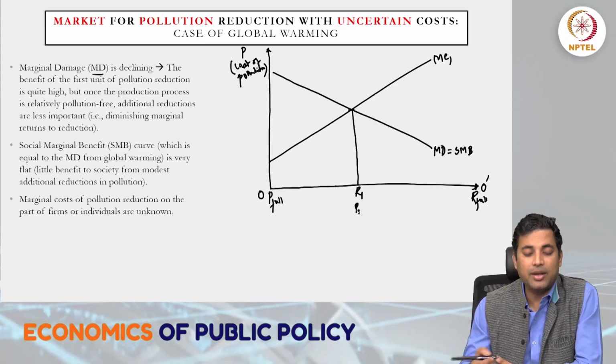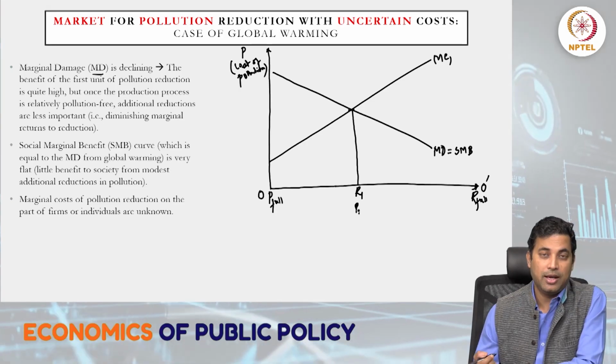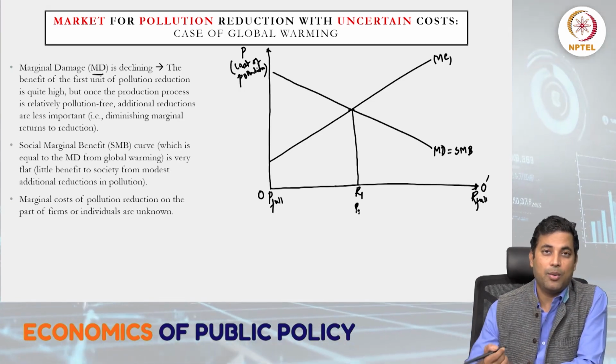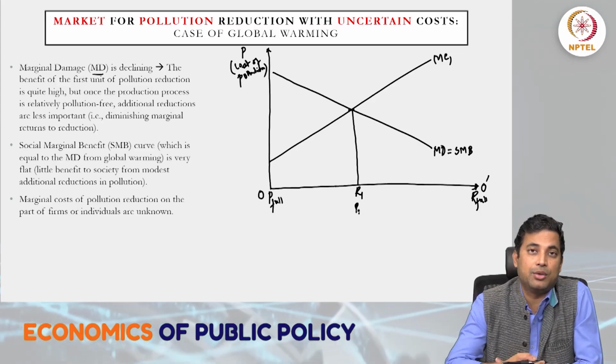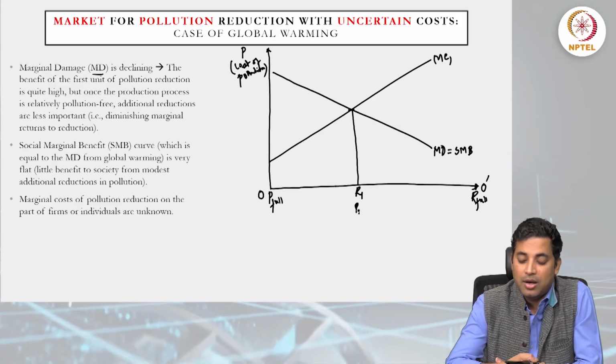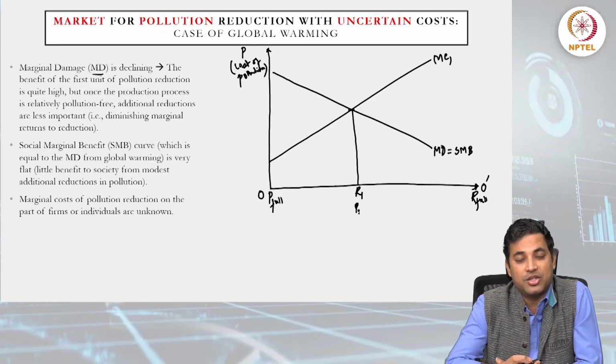So there are two ways that we discussed to efficiently control pollution. One is through price, and another through quantity control. In the price control, we already spoke about taxation.